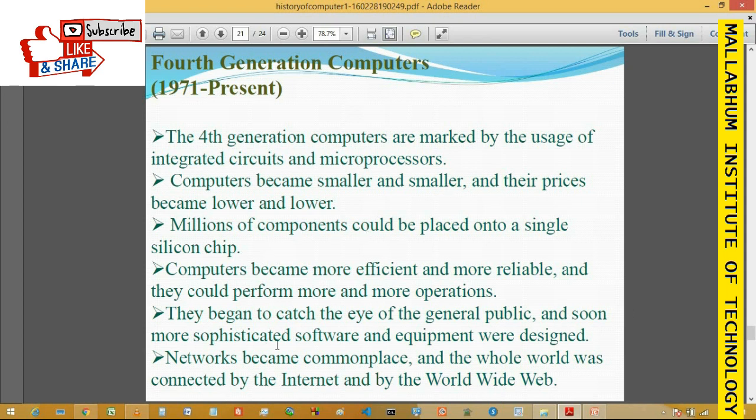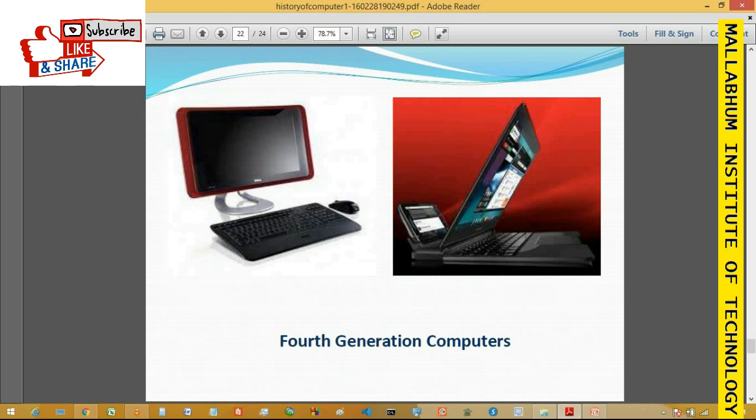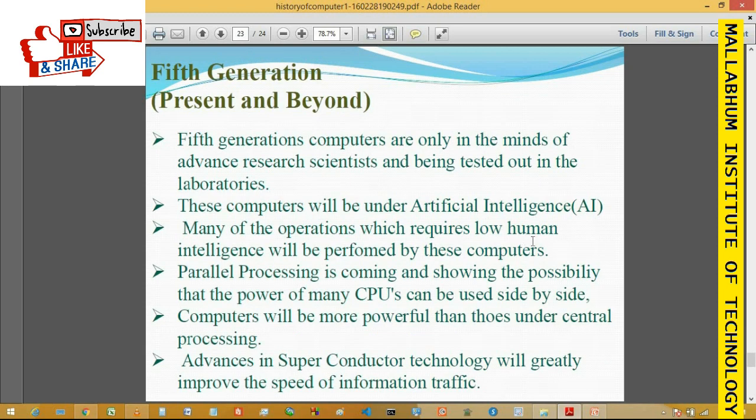This type of computer soon began to catch the eye of the general public because of its sophisticated software and design, and the internet facility comes into the picture from this generation. This is an example. And the fifth generation computer is the artificial intelligence era.